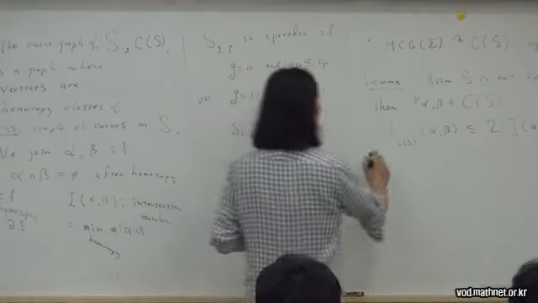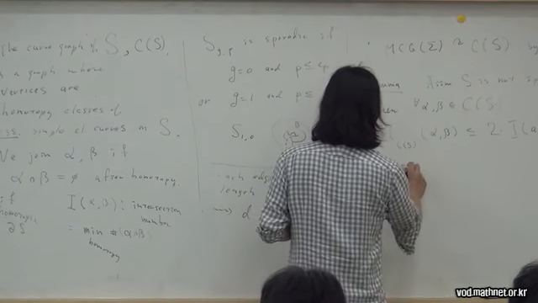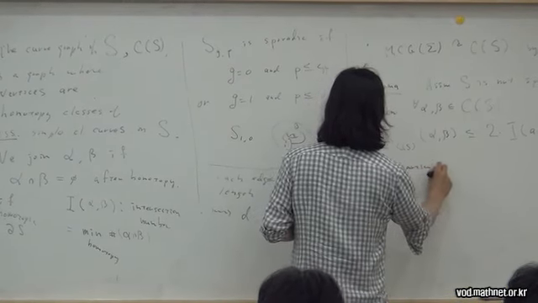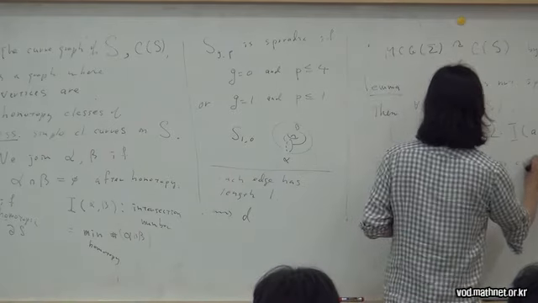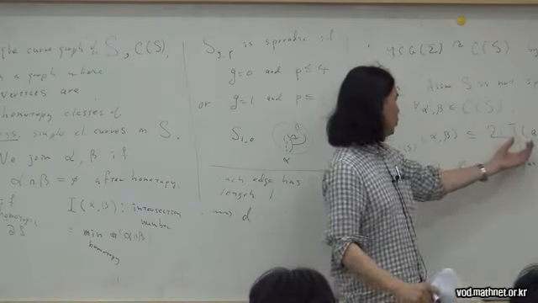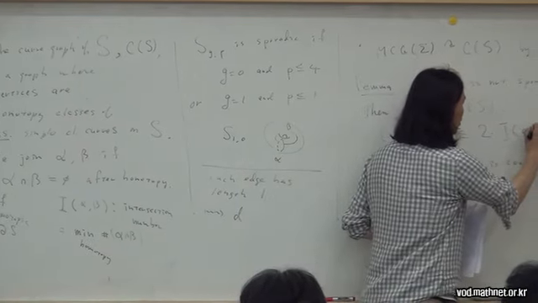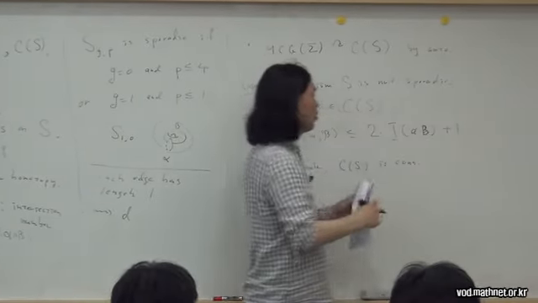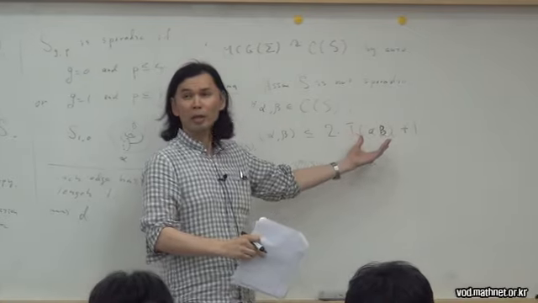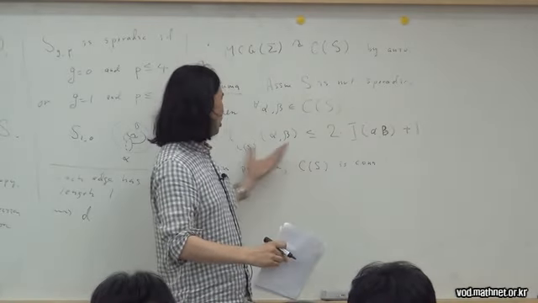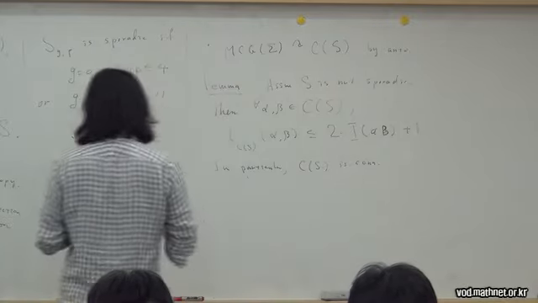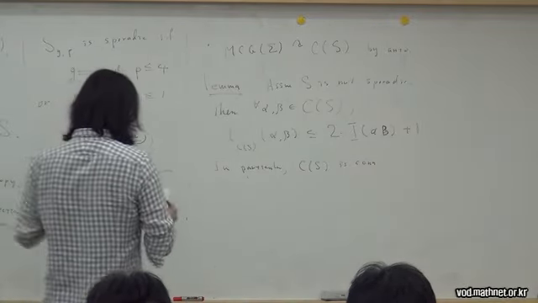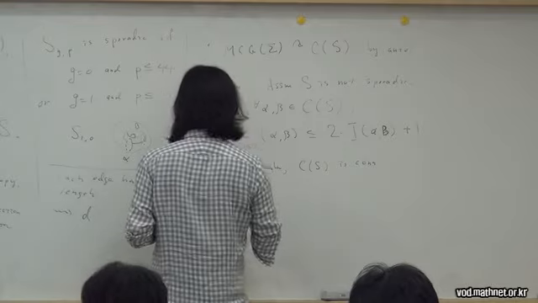So in particular, this is connected. If you have alpha and beta, there is some intersection number, and the distance is bounded by a finite number. So it's connected. So let's prove it.